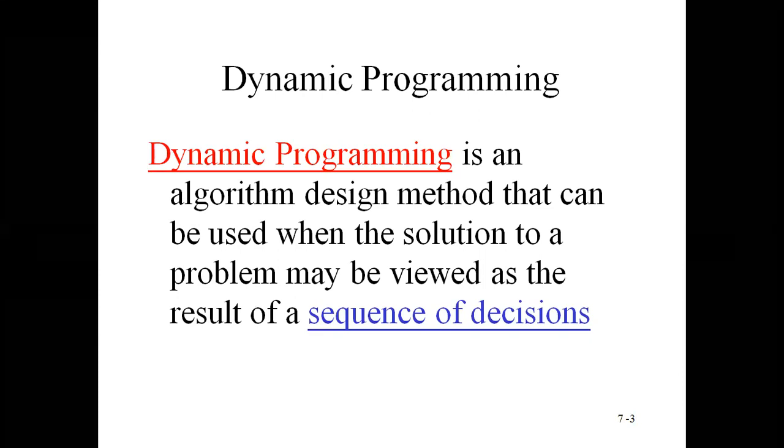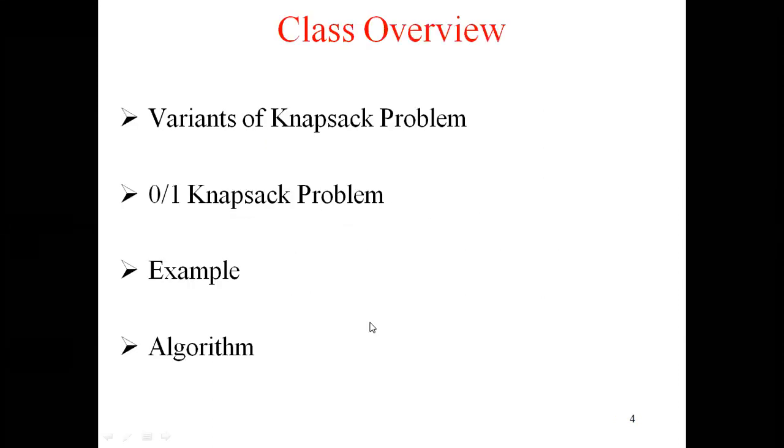Like this, at each and every step when you place the items in the bag, you take the decision which item to place first, which item to place in the next step. We are taking a sequence of decisions for placing the items. That is why this is a dynamic programming implementation of the 0 1 knapsack problem.